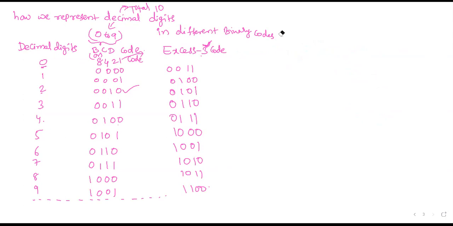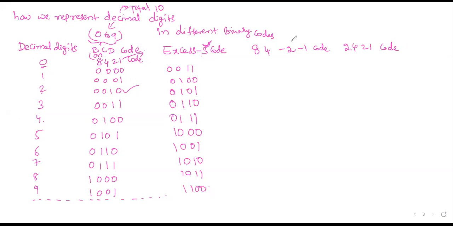Next, another code is the 8 4 minus 2 minus 1 code. Next, the 2 4 2 1 code. Like this, we have so many codes.